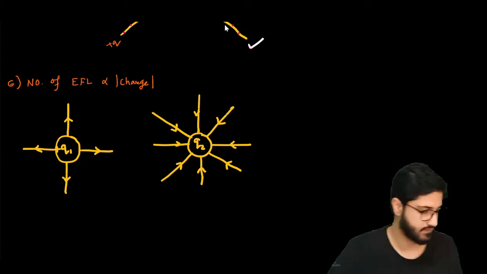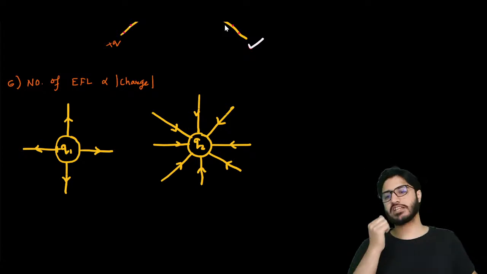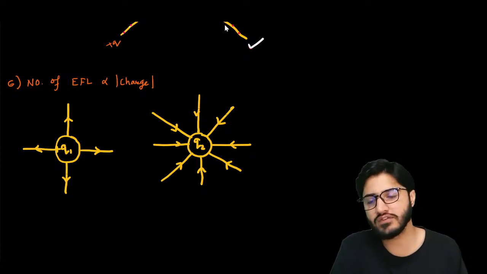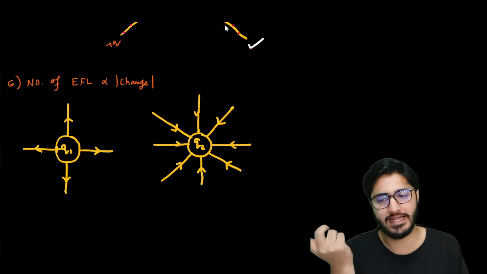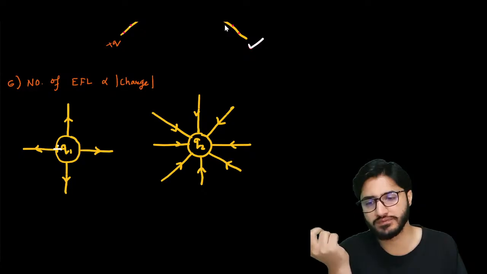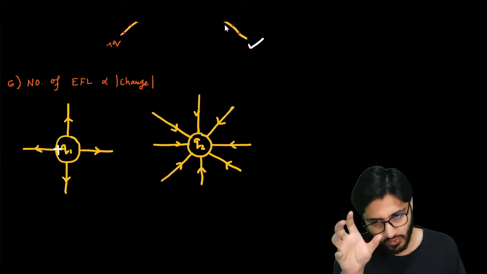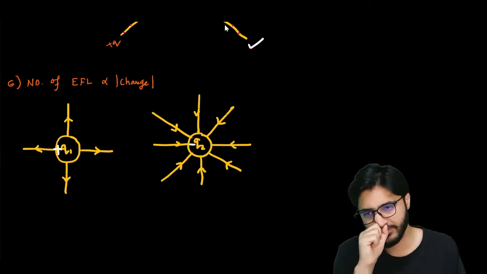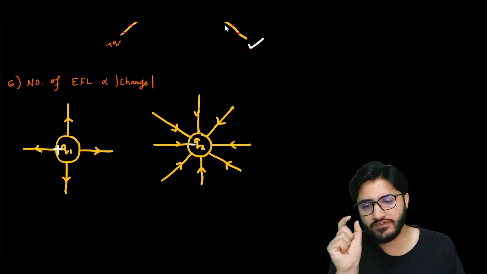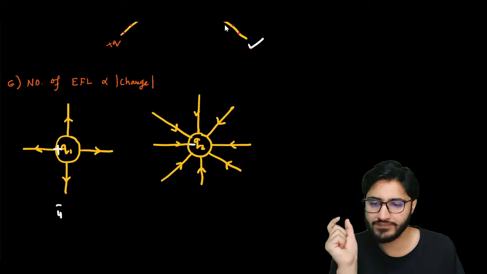In the first charged particle Q1, how many lines do we have? We have 4 lines. These are outgoing lines, which simply indicates the charge is positive. Here the lines go towards it, so it should be negative, no?